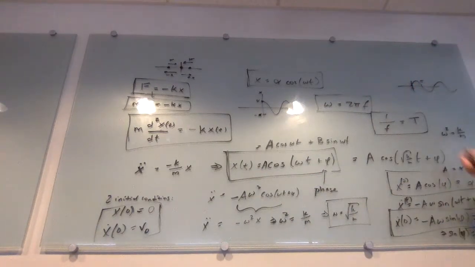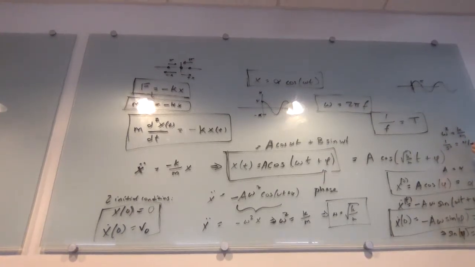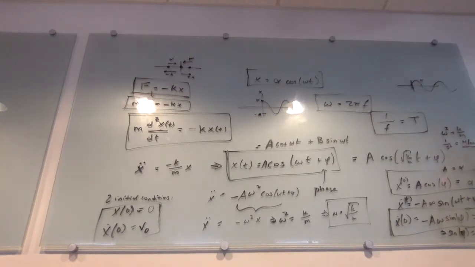But we can see, well, this is 1 over seconds squared, right? Or radians per second squared. This k is newtons per meter, and m is kilograms. Okay, and now newtons is like F, which is like M times A.